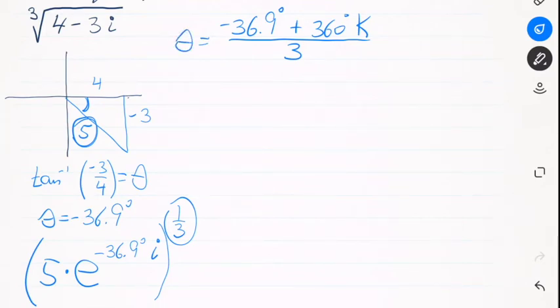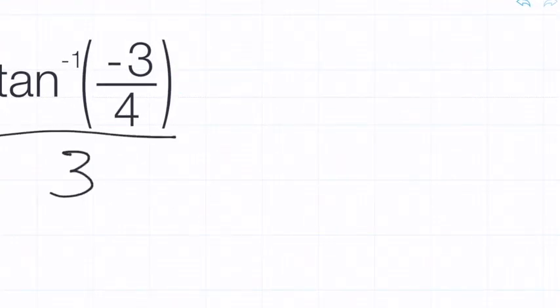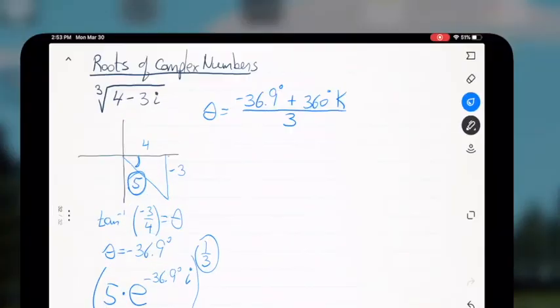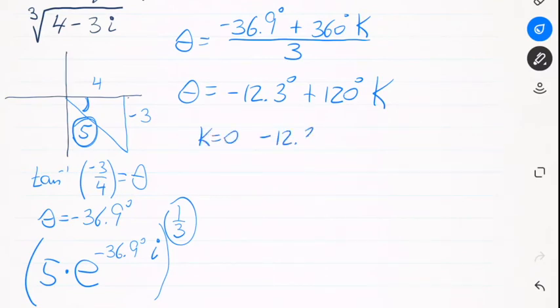If we divide my angle by 3, we're going to get negative 12.3. So theta is going to equal negative 12.3 degrees plus 120 degrees k. If k is equal to 0, obviously we're going to get negative 12.3 degrees.